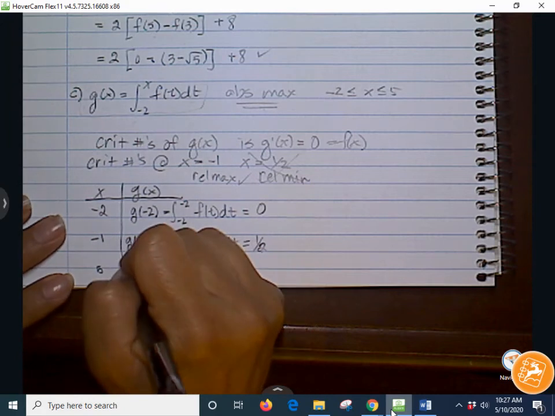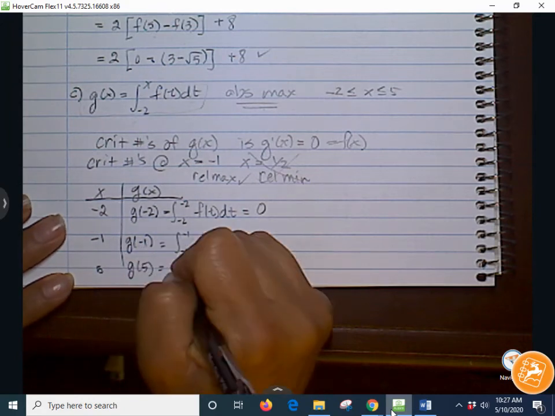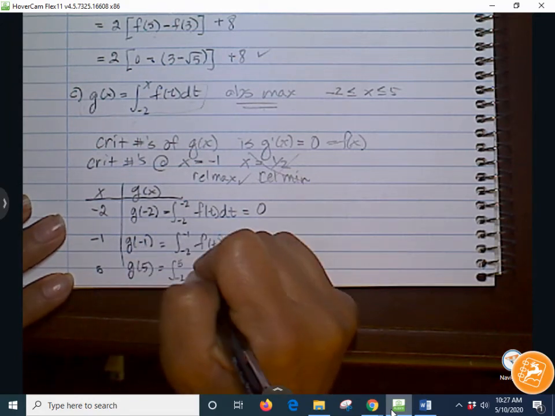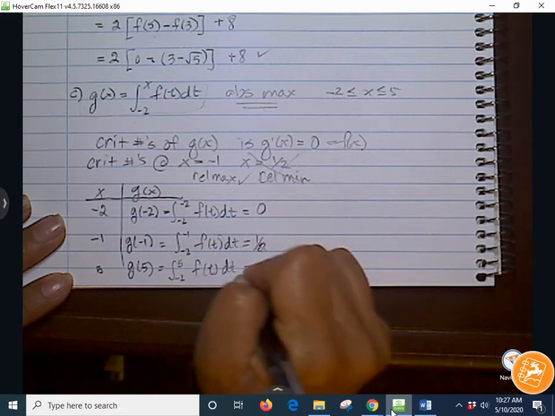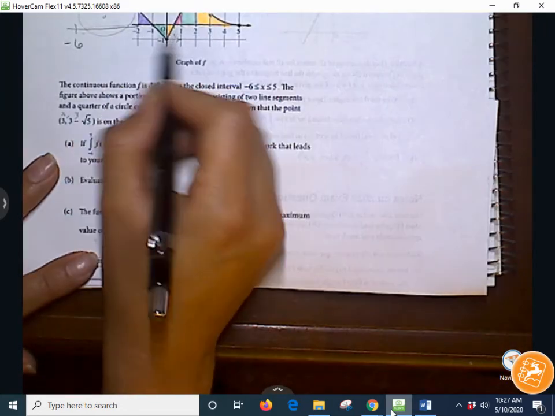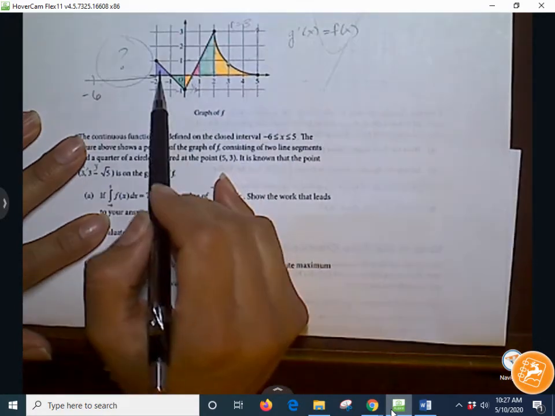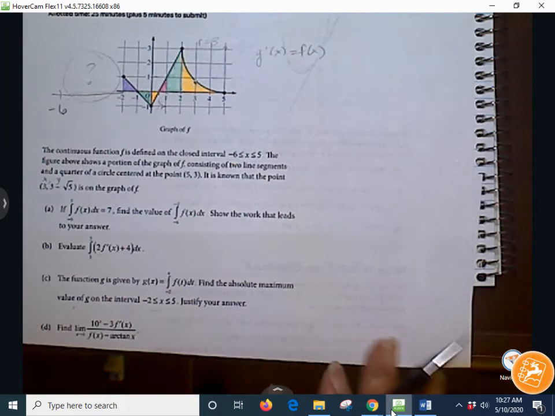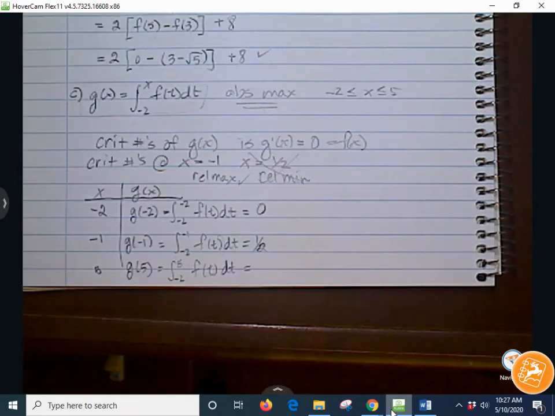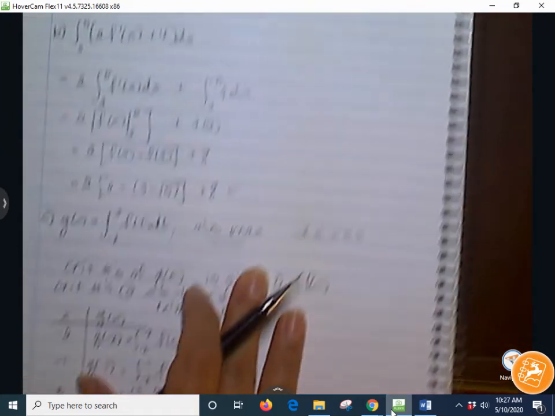And then g of 5 is equal to the integral from negative 2 to 5 of f of t dt, which is everything I've already shaded. So it looks like I've done this work already. And it's, where is it?